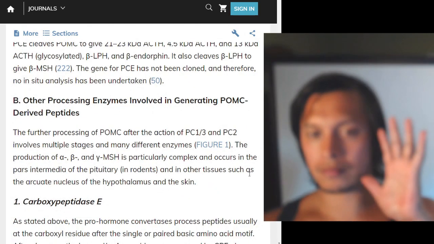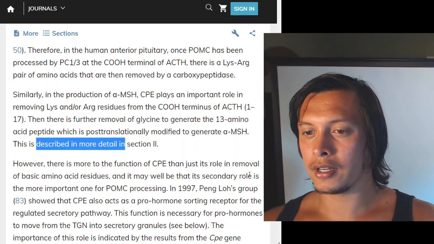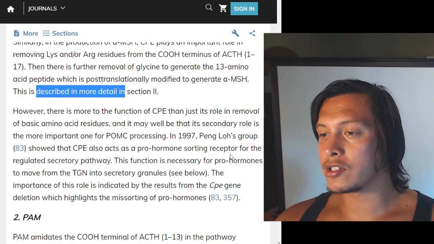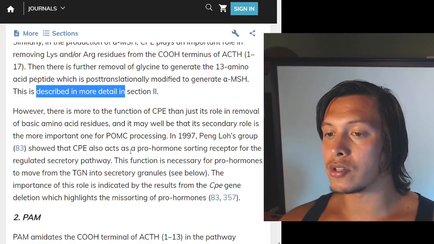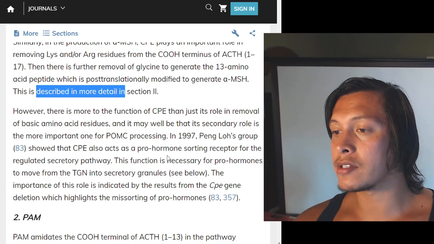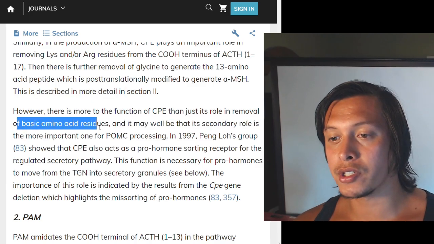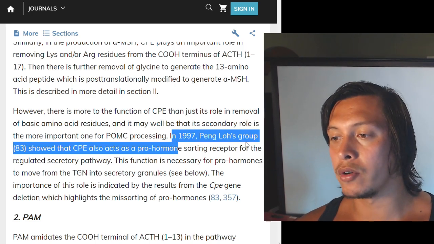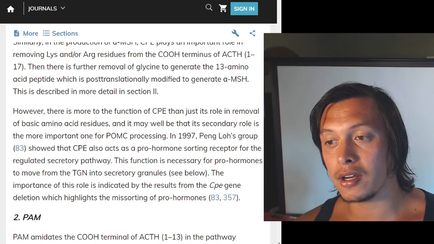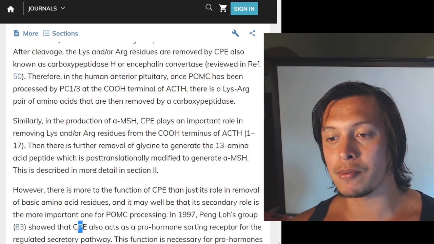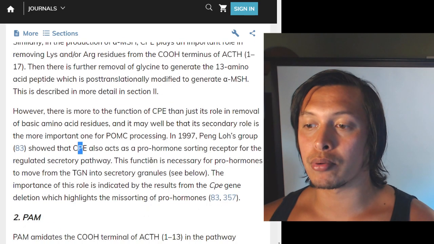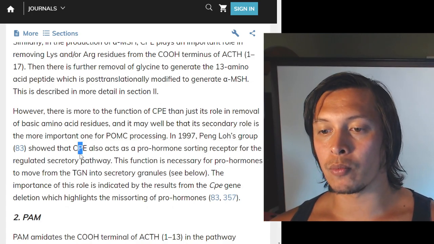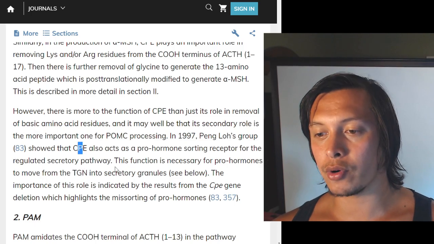However, there is more to the function of CPE than just its role in removal of basic amino acid residues, and it may well be that its secondary role is the more important one for POMC processing. In 1997, Peng Loh's group showed that CPE, also known as carboxypeptidase E, also acts as a prohormone sorting receptor for the regulated secretory pathway.